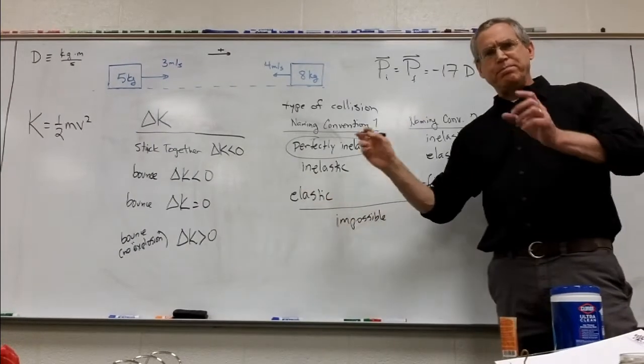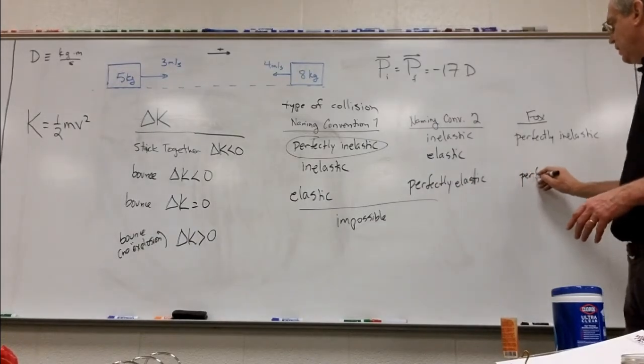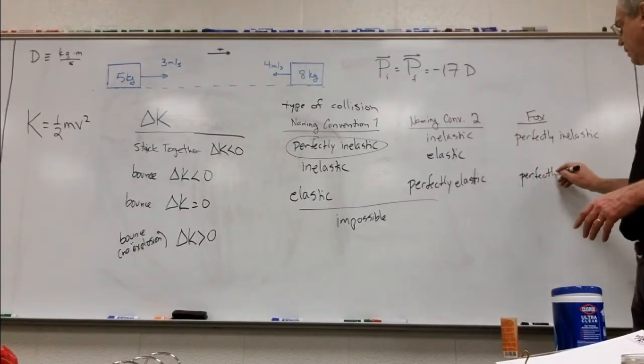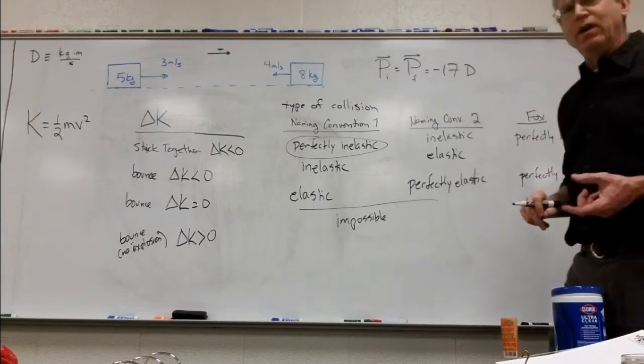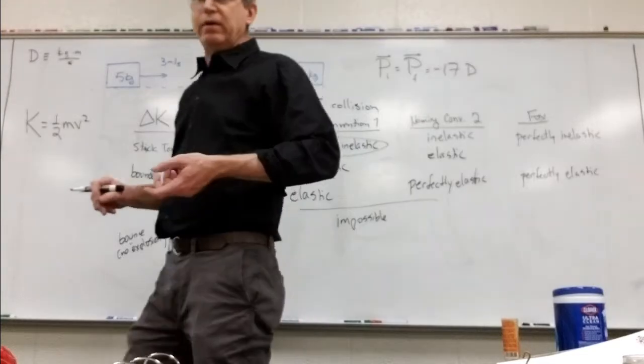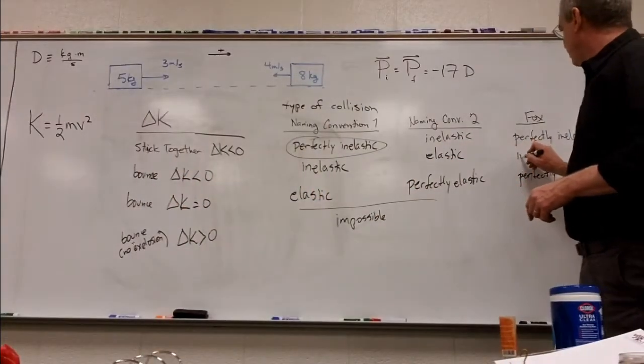For the ones where they bounce and kinetic energy is conserved, I call that perfectly elastic. And for the one in the middle, I struggled with what to call that one. A student suggested a couple years ago, imperfect, and I like that, so I call this imperfect.